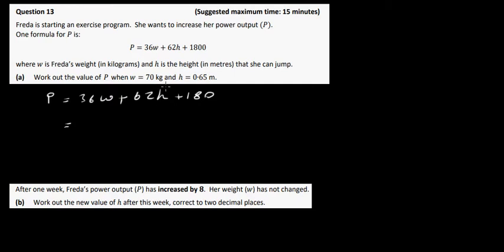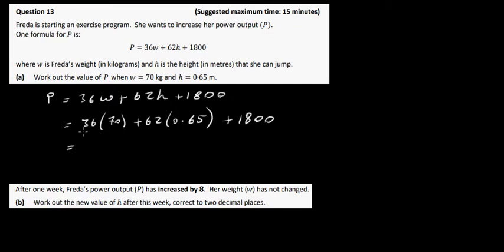Just check the units as well when you're doing these types of questions, and we have the right units here, kilograms and meters. So it's 36 times W, which is 70, and then 62 times 0.65 plus 1800.